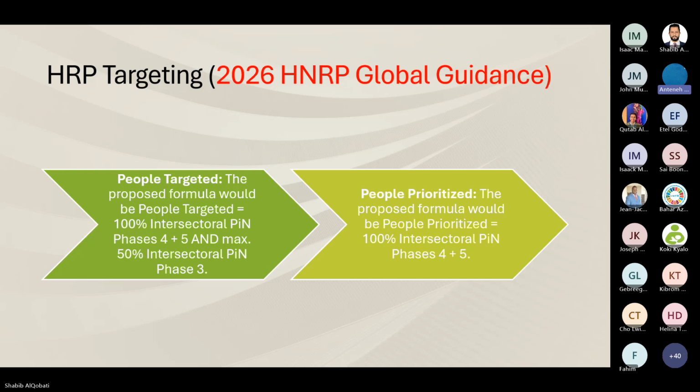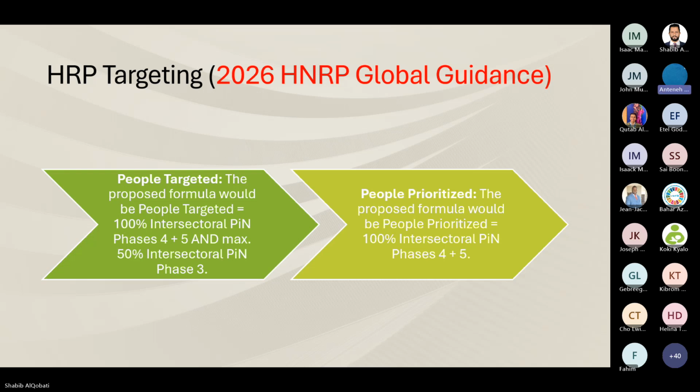So you may have phase 3, phase 4, phase 5. In the past, in some countries, we included 3, 4, 5 as priorities, but this year, the global guidance says you could include 100% of 4 and 5, and maximum 50% of phase 3.